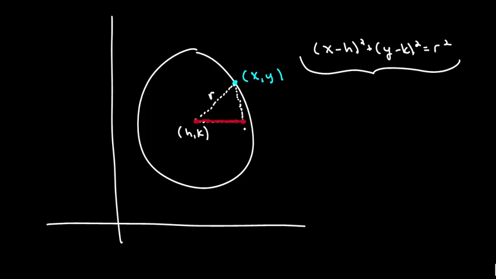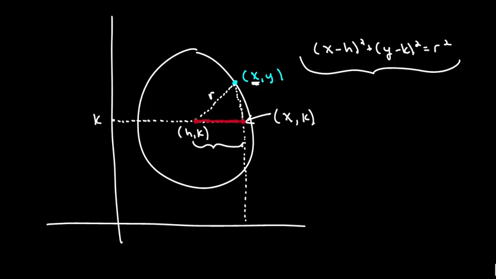Well, we know that this point, its ordered pair, has a height value of k, right? Because if I go back over this way, it has a height value of k, but its x value is really just x, because it's whatever x this is, this point has the same value. So this is (x, k).